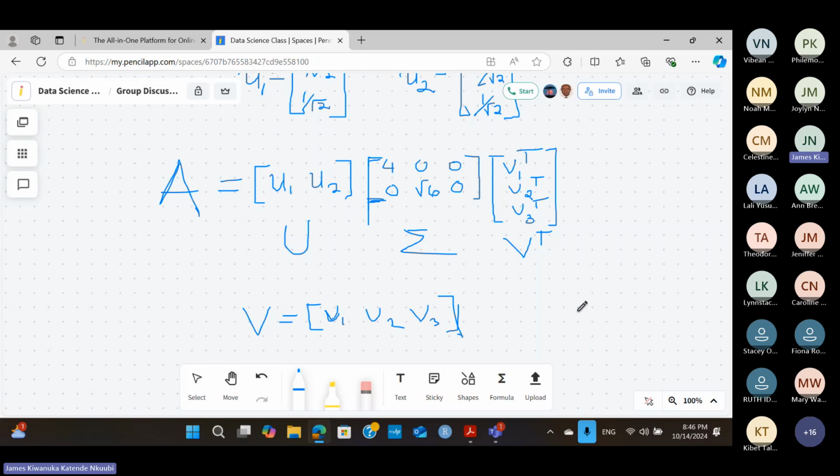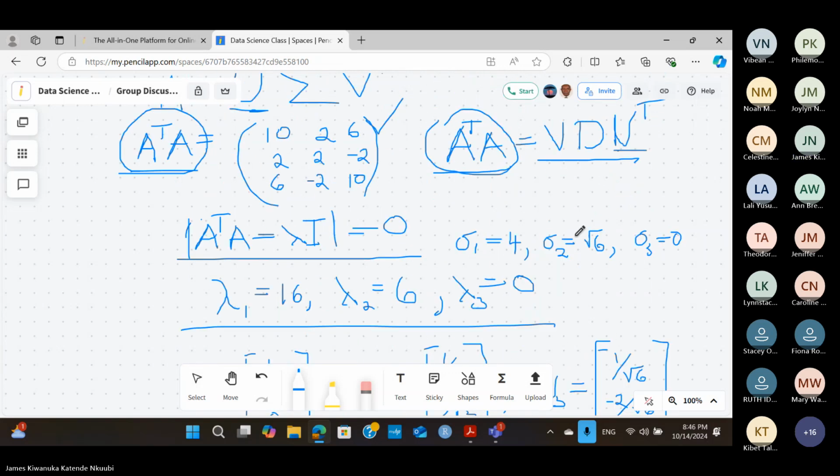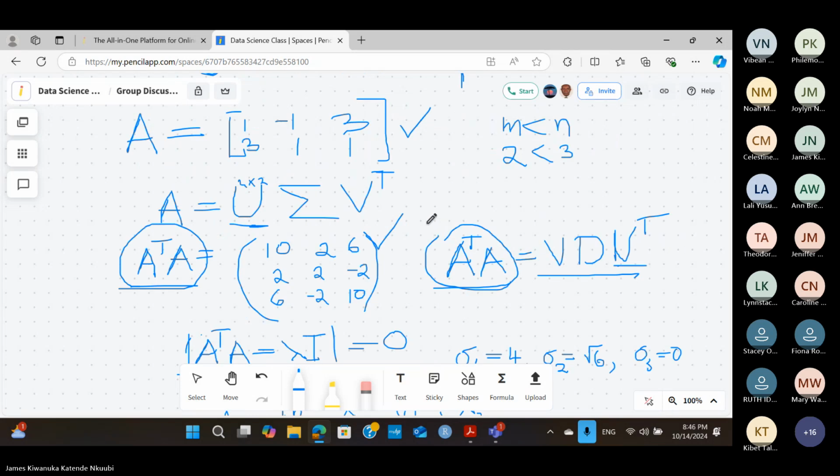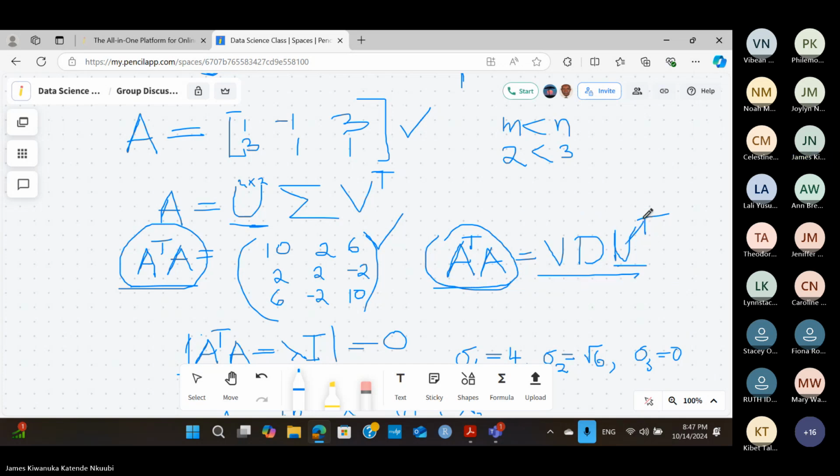Well, I think that's a good place to stop. So at this point, you should now be applying your knowledge of diagonalization. There's nothing new here at this point. Once we get here, it's just application of diagonalization.